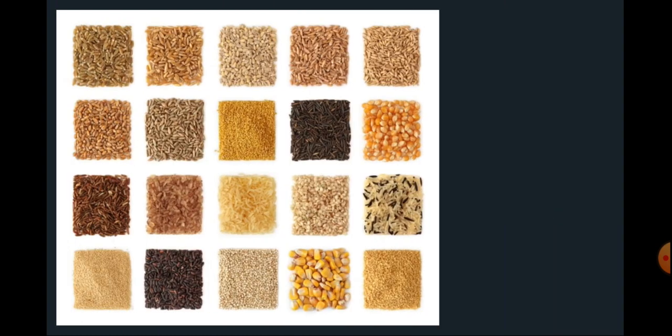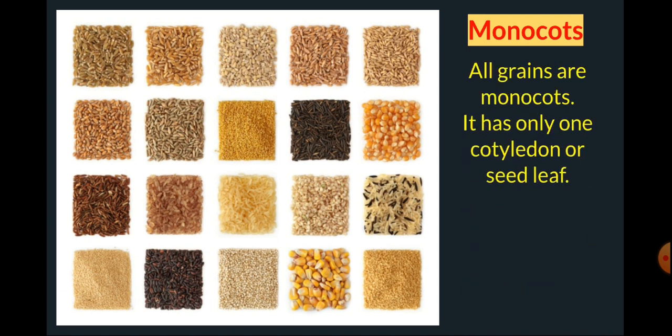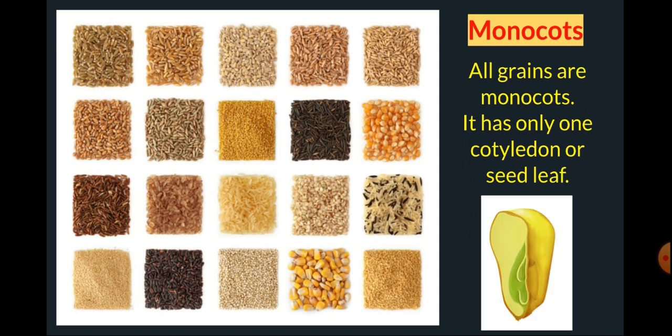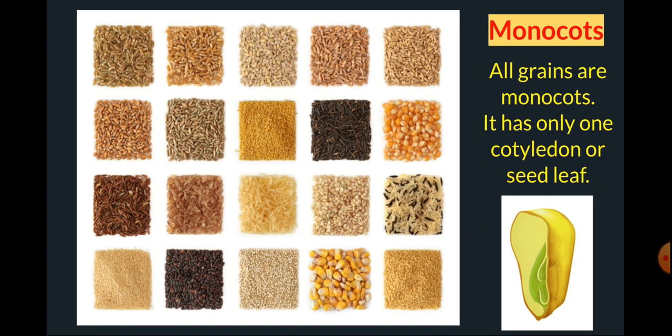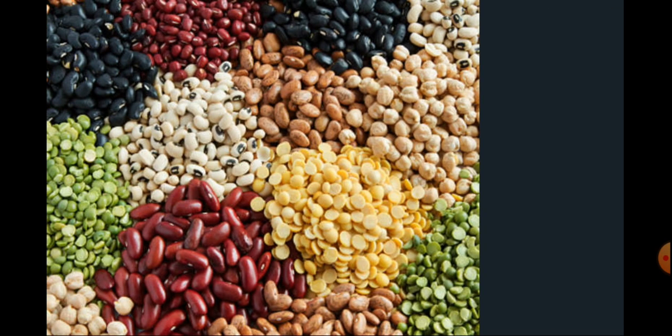Kids, these are some grains like rice, wheat, corn, ragi, maize and other millets. They are all monocots. Yes, all grains are monocots. It has only one cotyledon or seed leaf. Okay? Kids, see this picture.